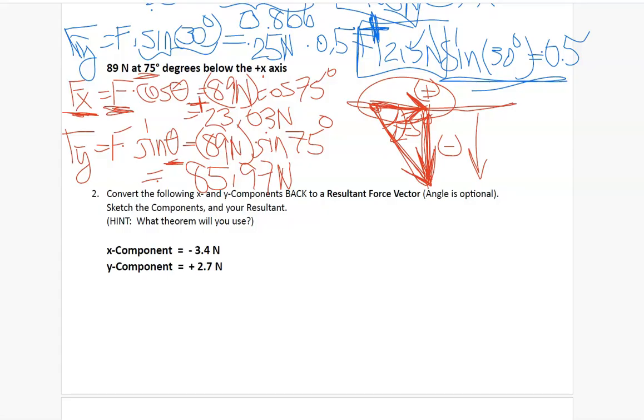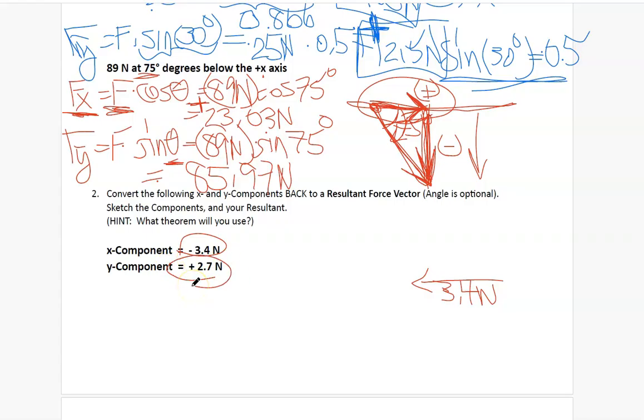We have an x component vector that is going in the negative direction. That's to the left. And it has a magnitude of 3.4 newtons pointing left. So I'll just write 3.4 and I'll put the arrow to the left. And then we'll do a head to tail with the y component.